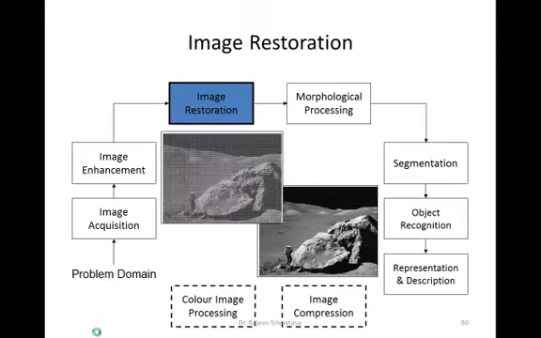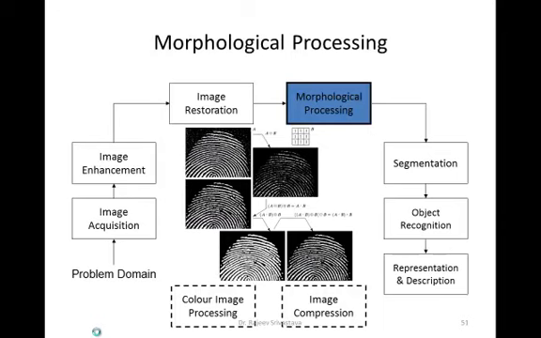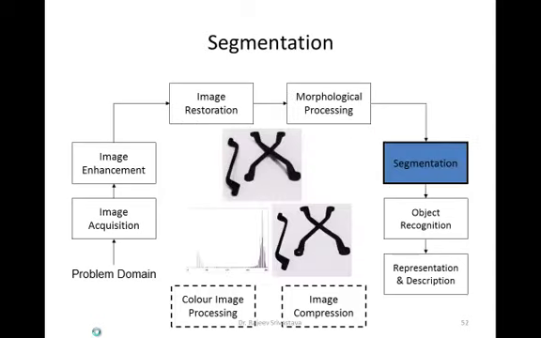Image restoration: restoration of a degraded worn image. Then morphological operations; examples show the various operations related to it, for example opening, closing, dilation and erosion.